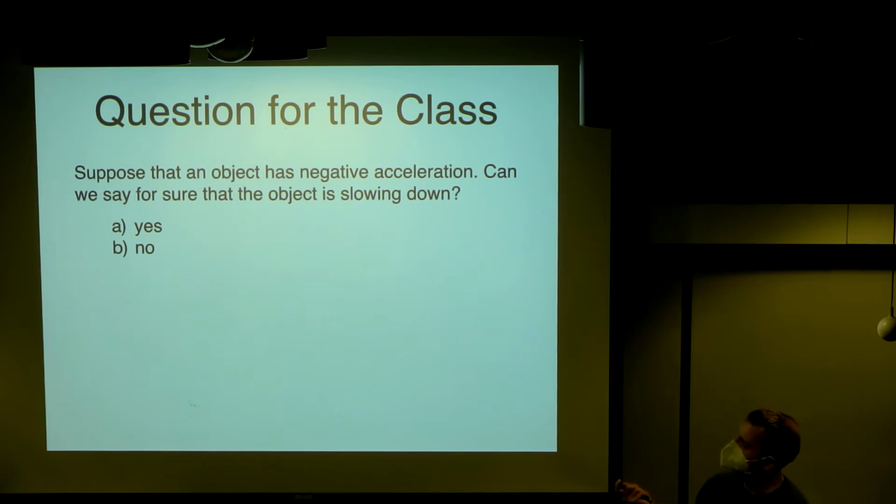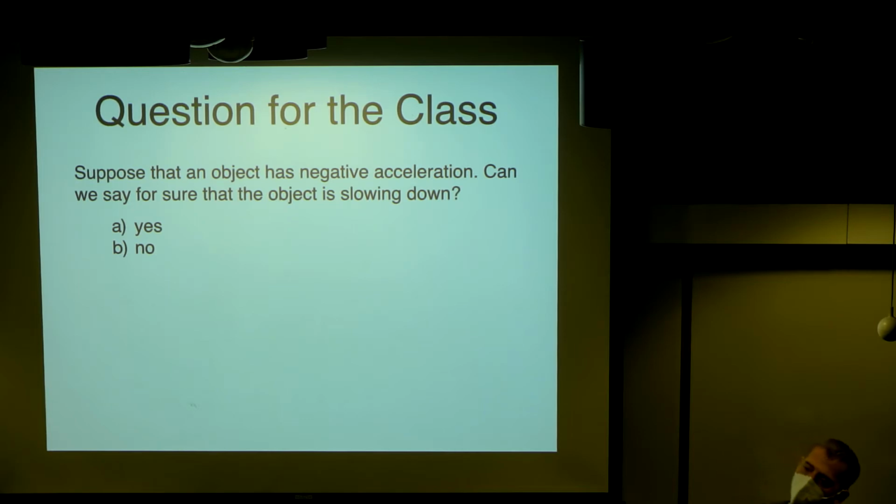So this is a pretty simple question, but it's going to get us to an important point. Suppose that we have an object and its acceleration, its value of a, is something negative. Okay, so a has a negative value. Does this mean the object is slowing down? Does this mean for sure the object is slowing down?